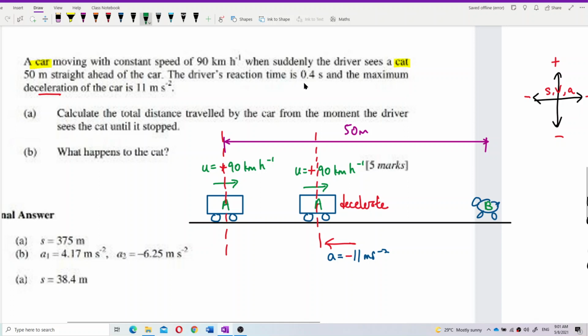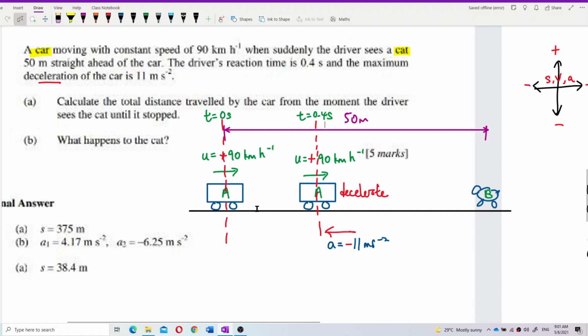That means it starts over here at 0 second, and then after 0.4 second, then it only starts to brake. So between 0 and 0.4 second, is there any braking happening? Is there any deceleration happening?